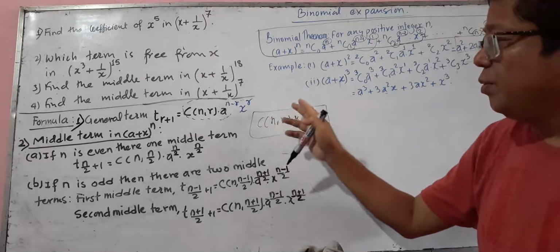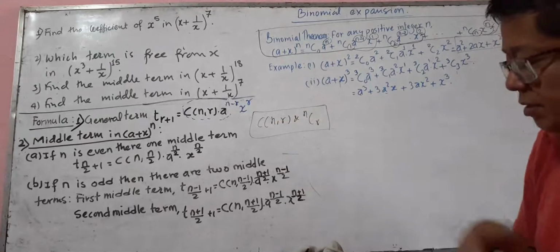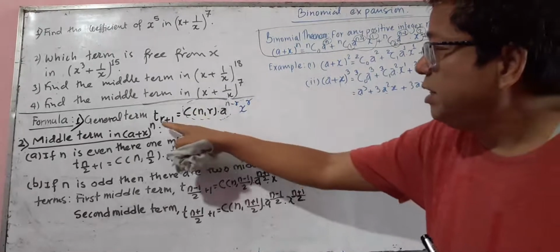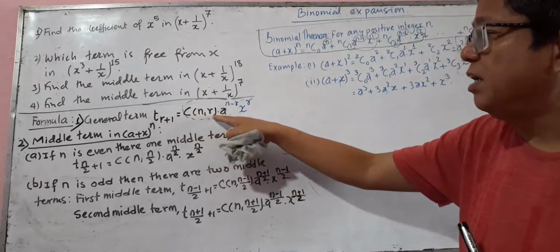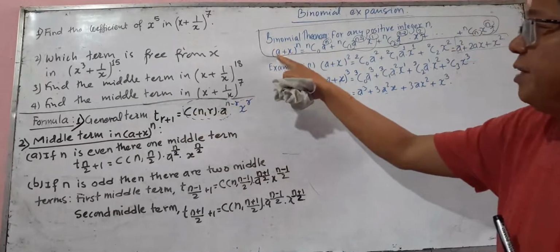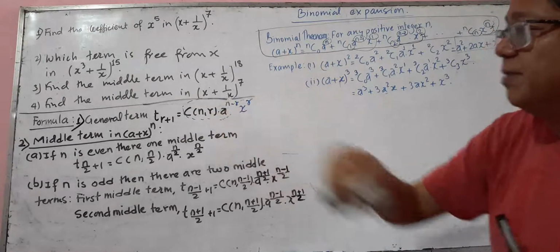We can represent C(n,r) by nCr or nCr by C(n,r). So T(r+1) is the general term, and this is given by nCr a^(n-r) x^r for the expansion of (a + x)^n. This is the binomial expansion and its general term is given by this.